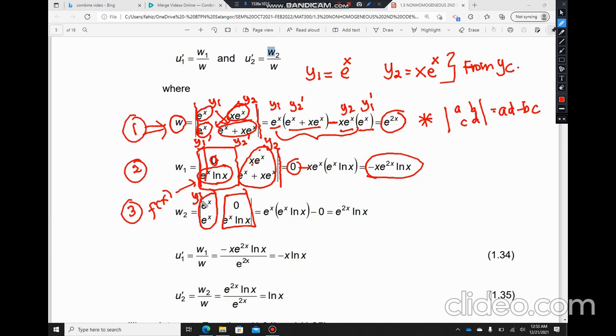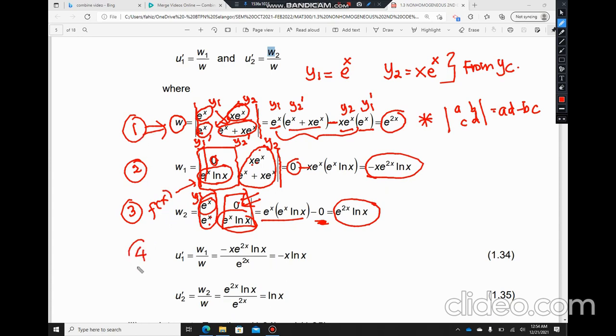Kalau W2, Y1 kita kekalkan e^x and then differentiate e^x dapat e^x. Tapi kat sini kita letak 0 and e^x ln x. Lagi sekali kita kira determinant: e^x multiply by e^x ln x, and then 0 multiply by e^x dapat 0. So this is your W2. Okay, so we have W, W1, W2.